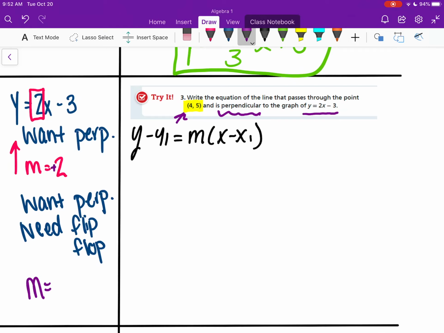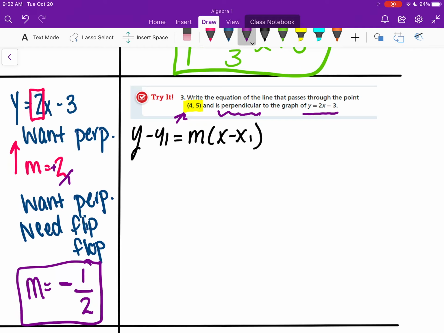This was a positive 2, so my slope needs to be negative, and I need to flop that fraction. If you notice, this isn't even a fraction, it's just being divided by 1. So if I flop that, that's going to be 1 divided by 2. And now the slope that I need to use to make that line perpendicular is negative 1/2.